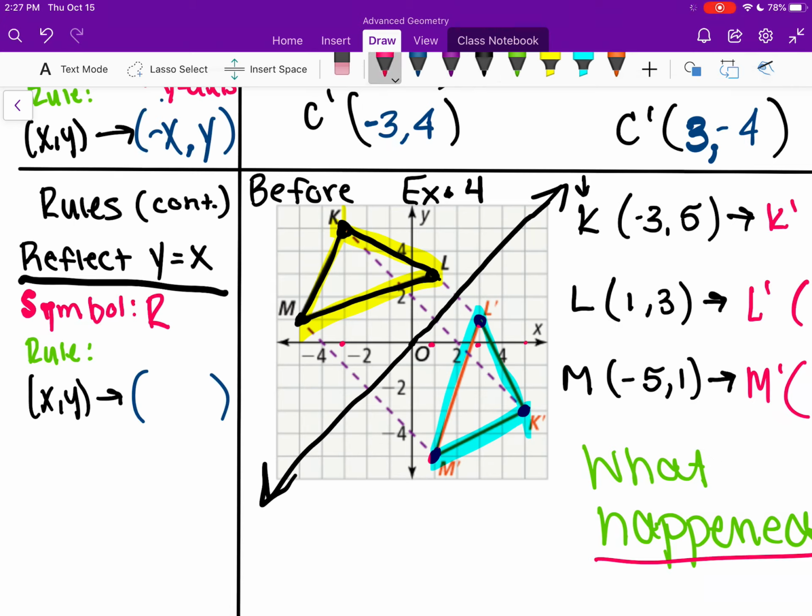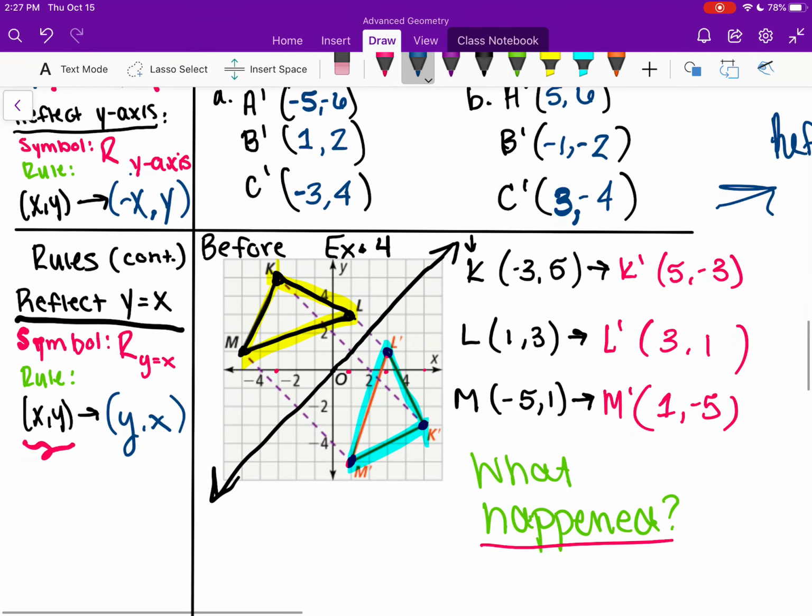We can write it as the reflection across the line y equals x, so R sub y equals x, and our given coordinates x comma y become y comma x. We literally just flip them around. That is a great rule to write down on the left side of page 103 where you have space for notes. You're going to need that rule later. Easy peasy. When it's y equals x, you just switch the x and y's.